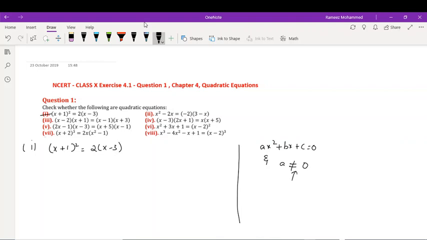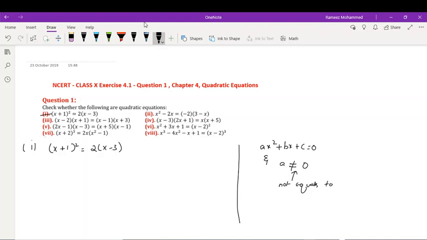This symbol is nothing but 'not equal to'. Don't get confused about what this symbol is. What it's trying to say is, a quadratic equation should be of the form ax square plus bx plus c is equal to 0, and here a should not equal 0.